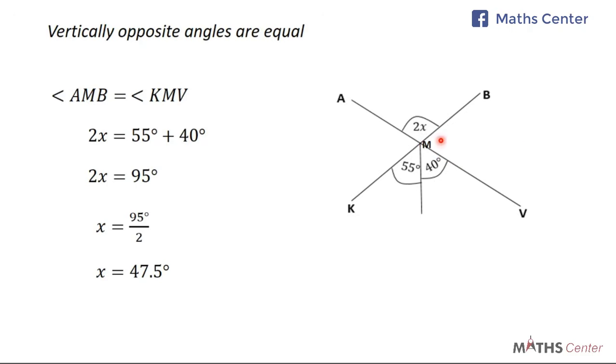So you can also equate that one to 180 degrees, then find x from there. But you see, that is a long process. Vertical opposite angles will give us a very fast way of solving the question. So you always pick the one that will solve the question easily and quickly.